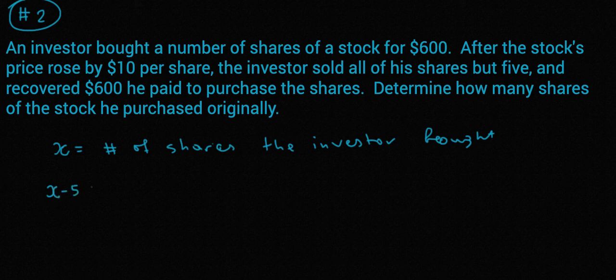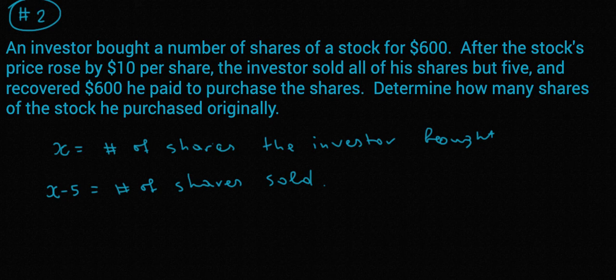He sold all of them except 5. When he originally purchased X shares, he paid $600 for them. When he sold X minus 5 shares, he got back $600.